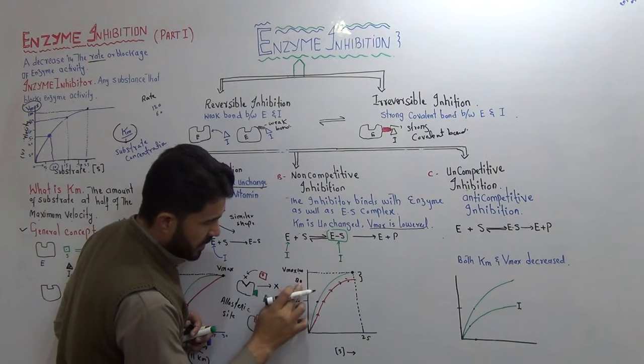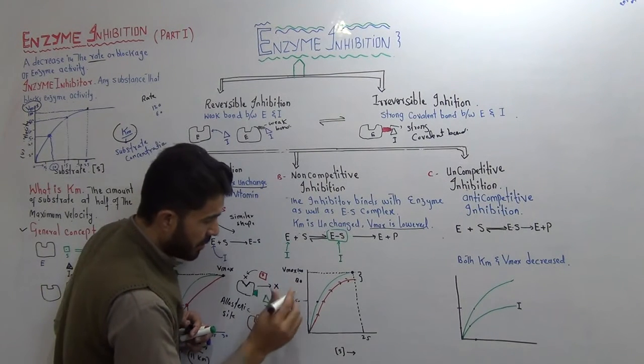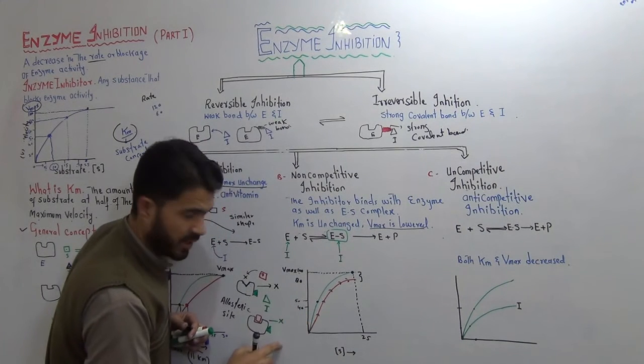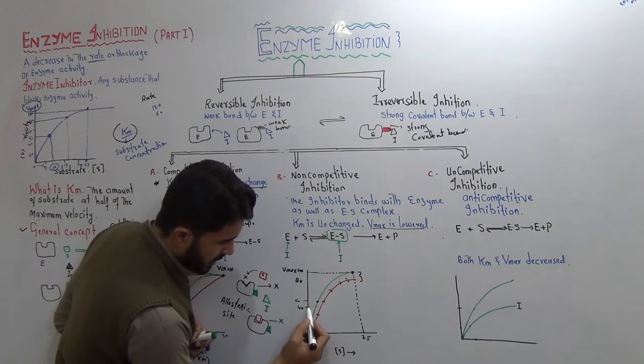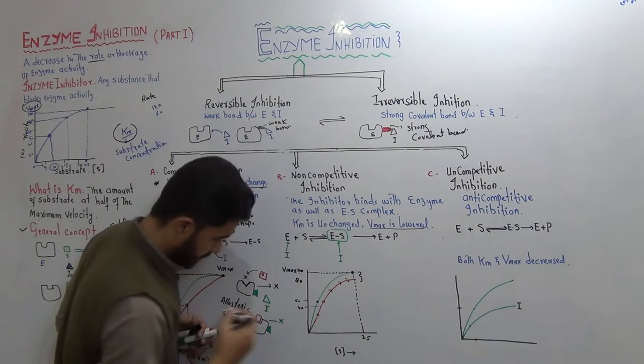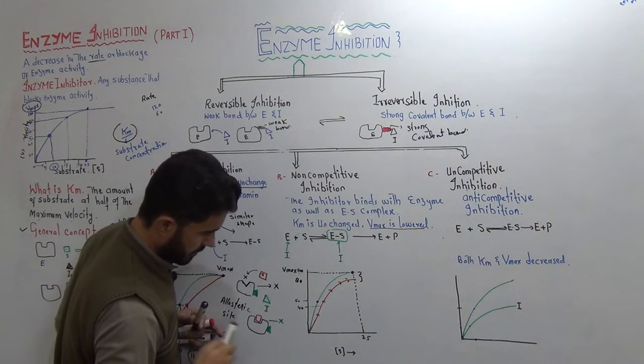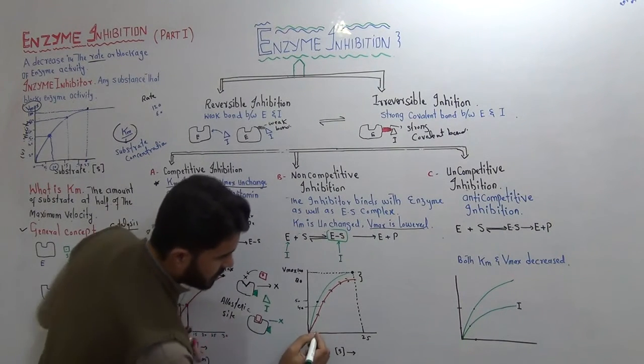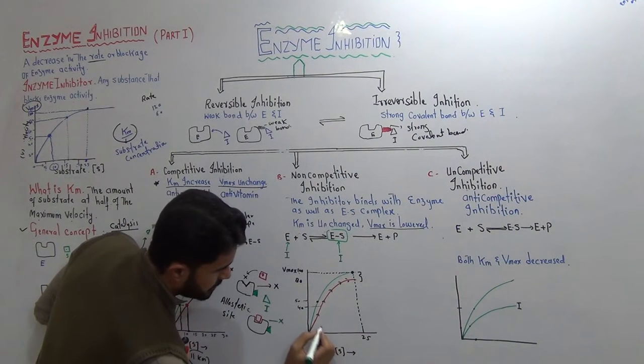When the speed is 80, the half of the 80 will be what? Half of the 80 will be 40. So in case of 40, what we will find here, our Vmax will still be here.